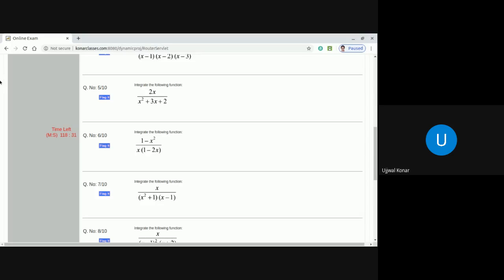Tell me, is it a proper rational function or an improper rational function? Both are equal. Very good question. If the degrees are equal also, then we define it as an improper rational function. Got it?